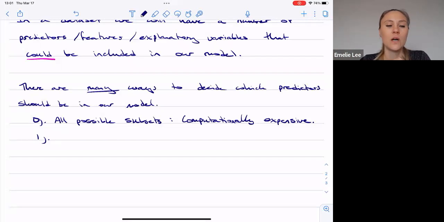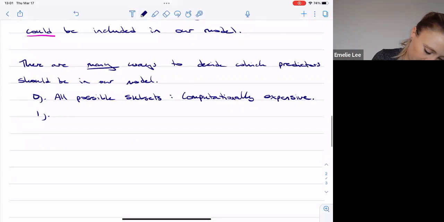One of the ways that we could do it is forward selection. You can start with nothing in your model and then add predictors incrementally, until you reach a point where it doesn't become significant anymore. So forward selection is one of those options.